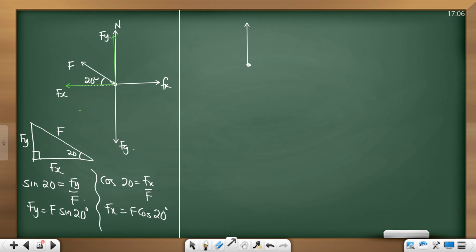I've seen the amount of work that needs to be done, which the examiner wasn't taking into consideration by saying 4 marks. This is way more than 4 marks. Check this. What do I have? Fg, Fx, Fy, N, Fk.